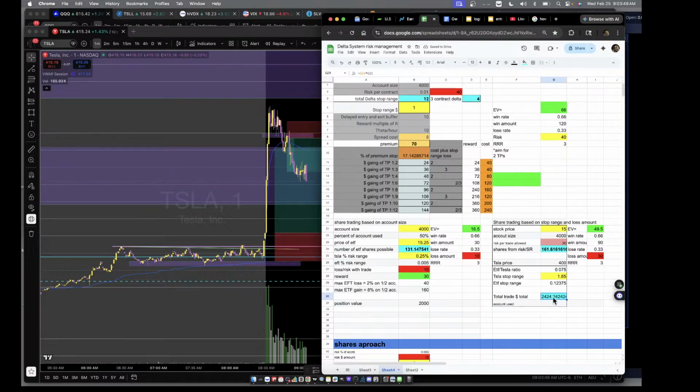Is this, okay, equals this divided by this. I'm using 0.6% of my account. Okay.